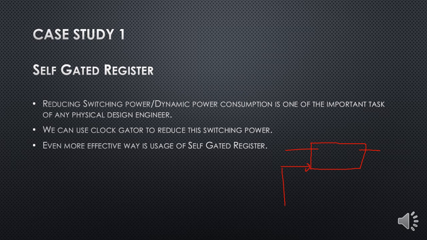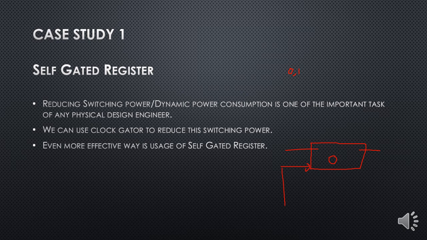In our digital world, we deal with only 0 or 1. For example, the data 0 is the one which is stored here. For the next clock signal, if the input is still 0, do we need to give the clock signal to this register and store the data? No, because 0 is already stored.